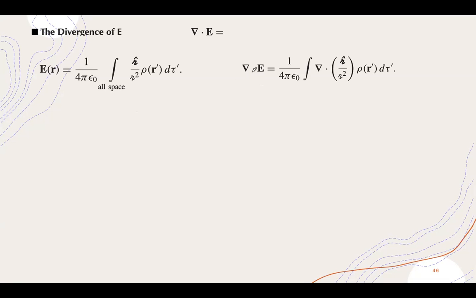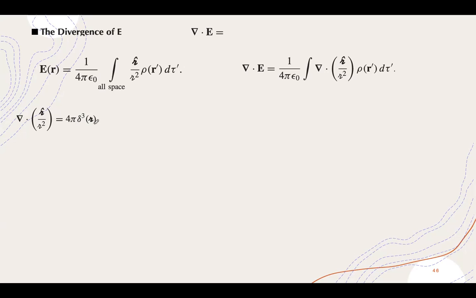So what we need to do, obviously 1 by 4 pi epsilon naught is constant, so it goes outside, and then the integral of del dot of this quantity. And if you remember, I introduced this in the very first session, which we call the Dirac delta function. By using that, del dot of r cap divided by r square equals 4 pi times delta cube.